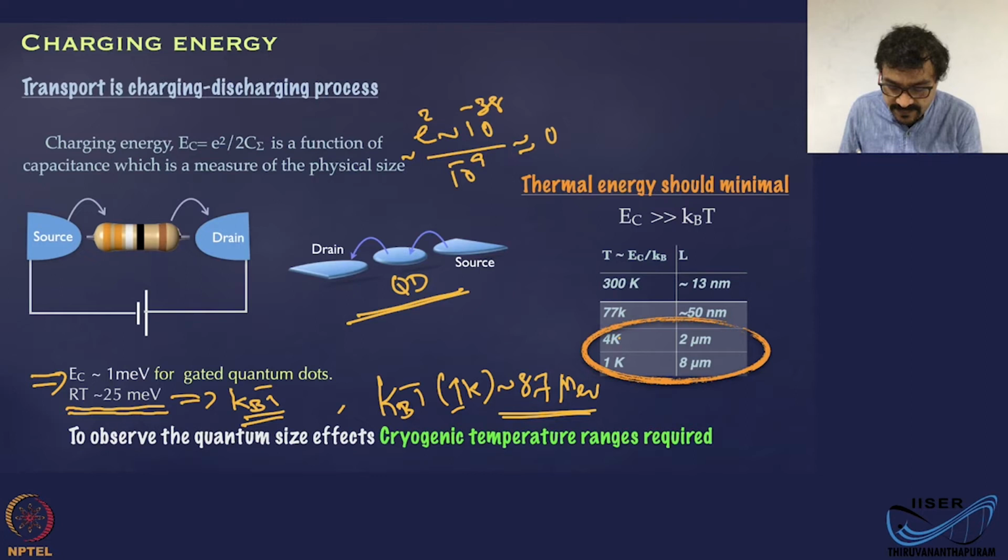It is an electrostatic effect, but the quantum effect that you are seeing here is because the charge e is actually quantized. We will discuss in detail in the coming slides, but this is just a preamble. So the take-home message is you need quantum size effects. If you want to observe quantum size effects, you need a low temperature environment.